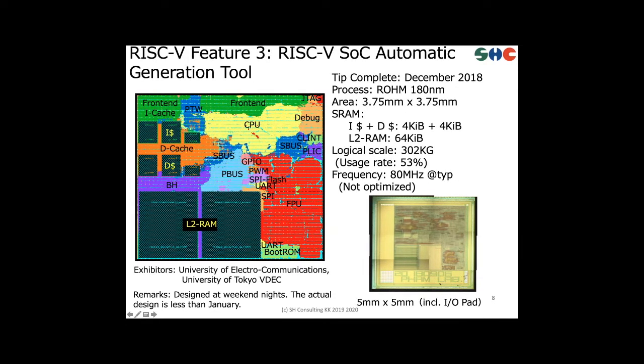But at the same time, you have to be very adept. One designer designed it on weekends and nights, and the actual chip work was maybe less than a month to generate this type of chip. This was done at the University of Electro-Communications.